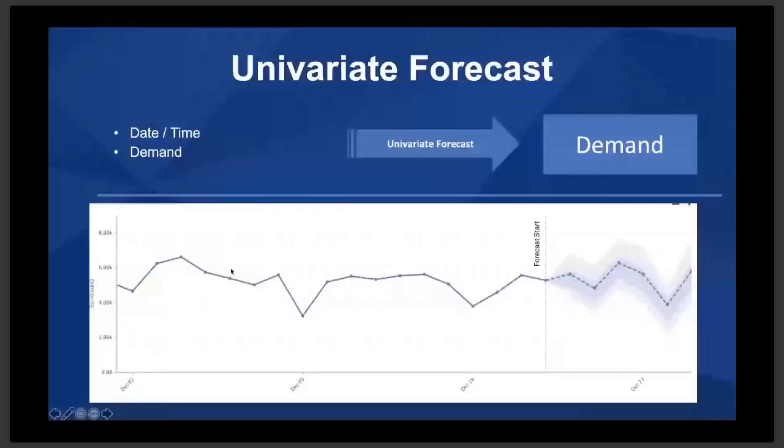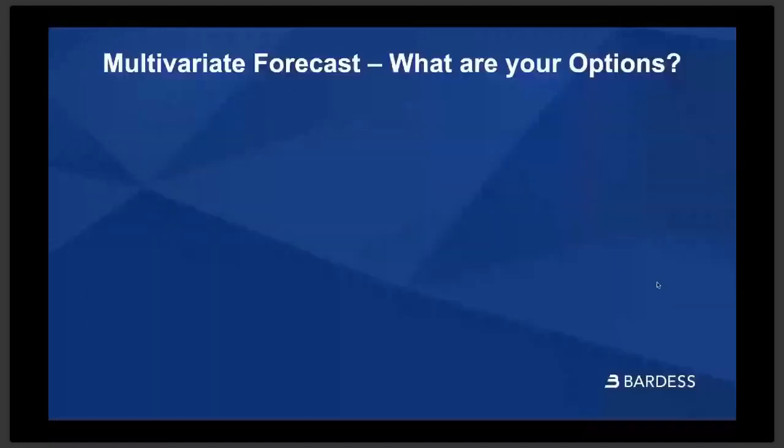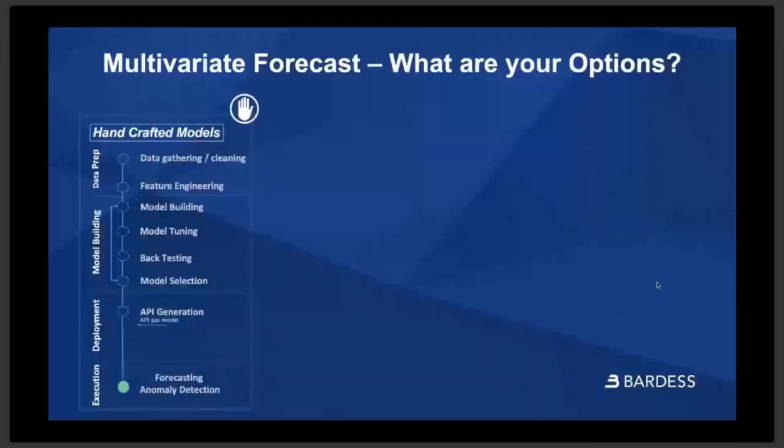So if you come to multivariate forecasts, what are your options? You could try building what I'm calling a handcrafted model. Perhaps you use R or Python and other libraries like XGBoost and TensorFlow. And as the name suggests, all the work is coded manually, and you need to be an expert to do this as well.